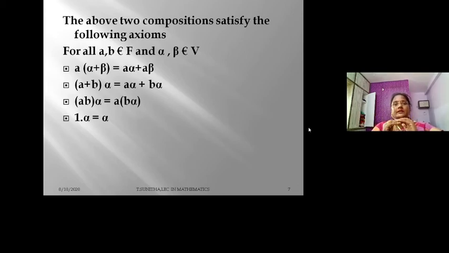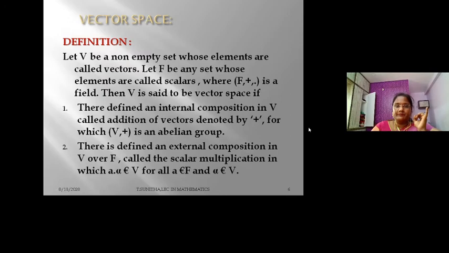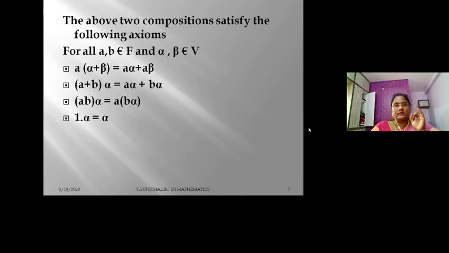Then whenever we say that V is a vector space over F, it satisfies: (V, +) is an abelian group, and the second point is there should be a scalar multiplication defined, then these four conditions should be satisfied. Then we will say that it is a vector space.